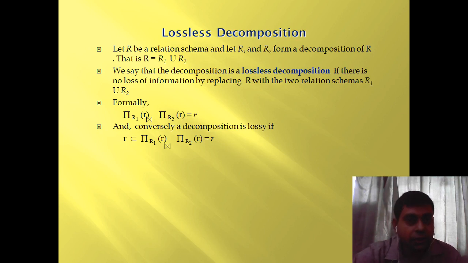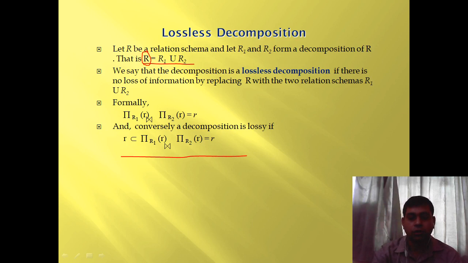But if we talk about lossless decomposition, then the reverse thing happens. If we decompose the relation R into R1 and R2, then after doing the natural join of R1 and R2, it should give the same number of rows which were present in the main relation R. After the natural join of R1 and R2, we should get back the same number of tuples with the same values.